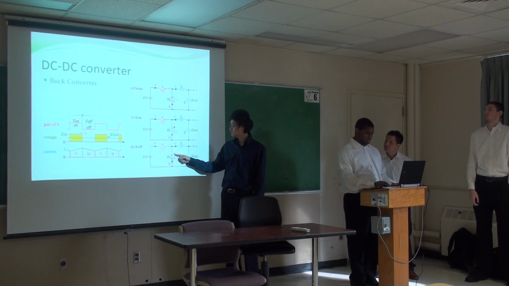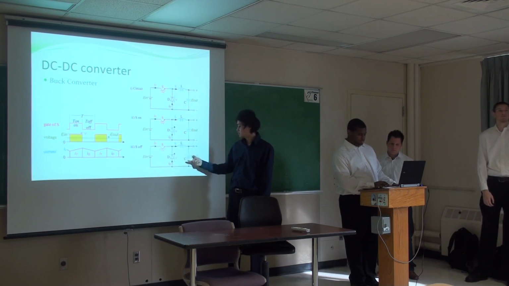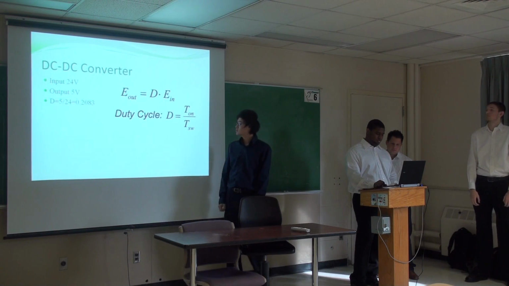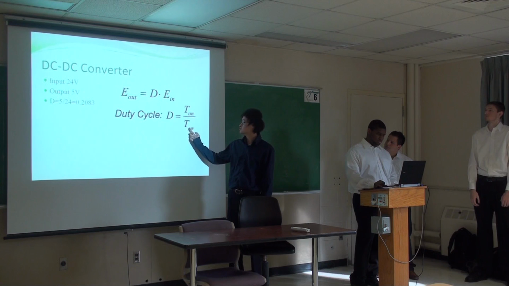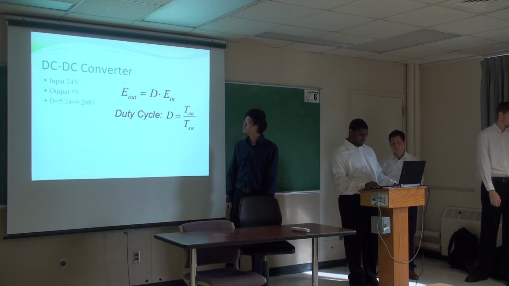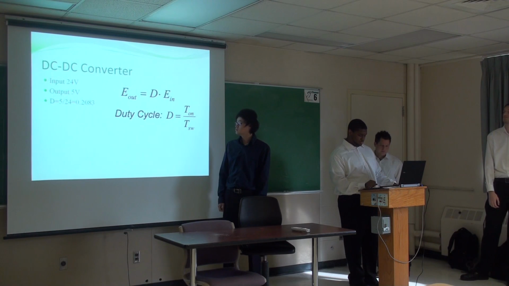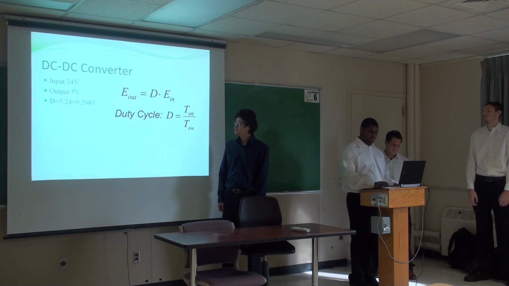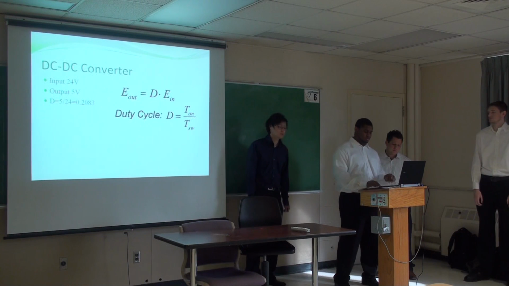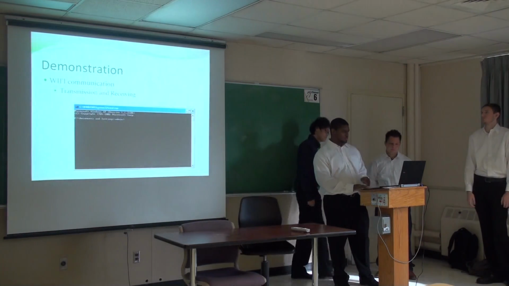When the switch is off, the current goes through the diode and then to the load. So we use a duty cycle to control the switch, so that we can get a 5 volt output. The duty cycle is 0.2083, with which we can get a 5 volt DC output. And I'm going to pass it to Steve to talk about the demonstration.